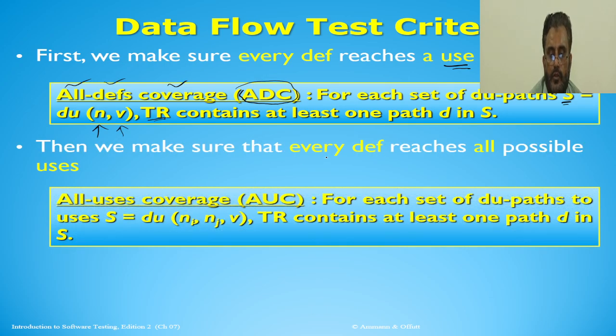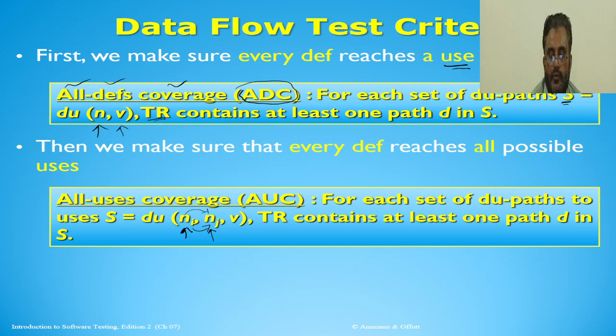Then we make sure that every def reaches all possible uses. In this case we are also interested that a specific definition on this node reaches a specific use on this node. It is possible that to get from this node to this node there are two different paths.